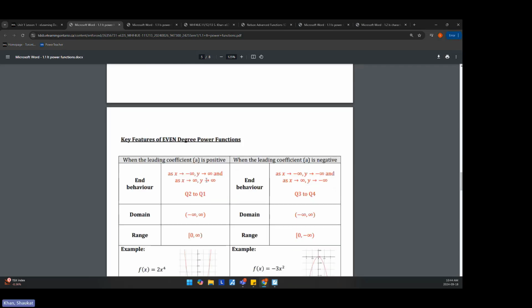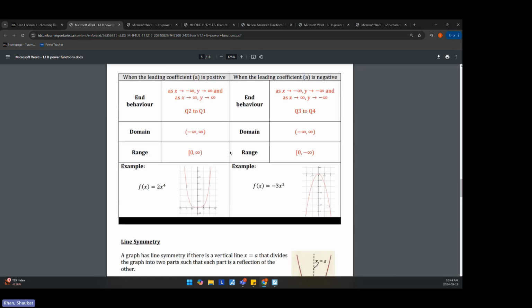So we talked about end behavior, and this is for even degrees. For even degrees, you'll notice that the end behavior is almost always y is going to positive infinity. It's always like this. It all depends on the leading coefficient, though. So we'll talk about that because sometimes it could be reflected and just flipping down. But essentially, the end behaviors are when the leading coefficient is positive, y is going to positive infinity.